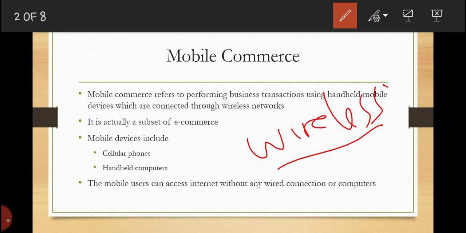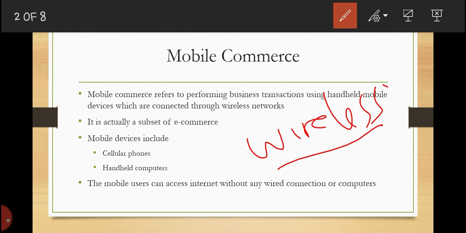In the first lecture, we talked about electronic commerce being the process of selling and buying through the use of the internet and other networks, that means intranet and extranet. So if the devices used to conduct these transactions support wireless communication, then that kind of electronic commerce is called mobile commerce.